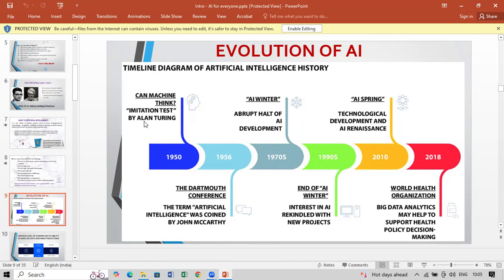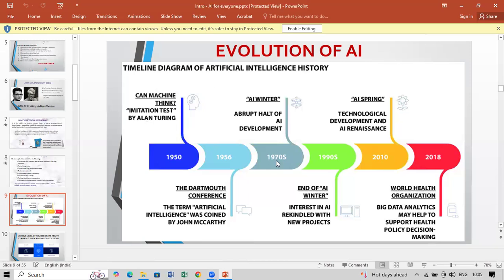Alan Turing didn't talk about the term AI. He just gave a concept: can machines think? He did a test wherein he wanted to prove whether machines can think or not. That was his concept. From there, maybe this fellow picked up, and ultimately in the Dartmouth conference, he coined the term artificial intelligence in 1956.